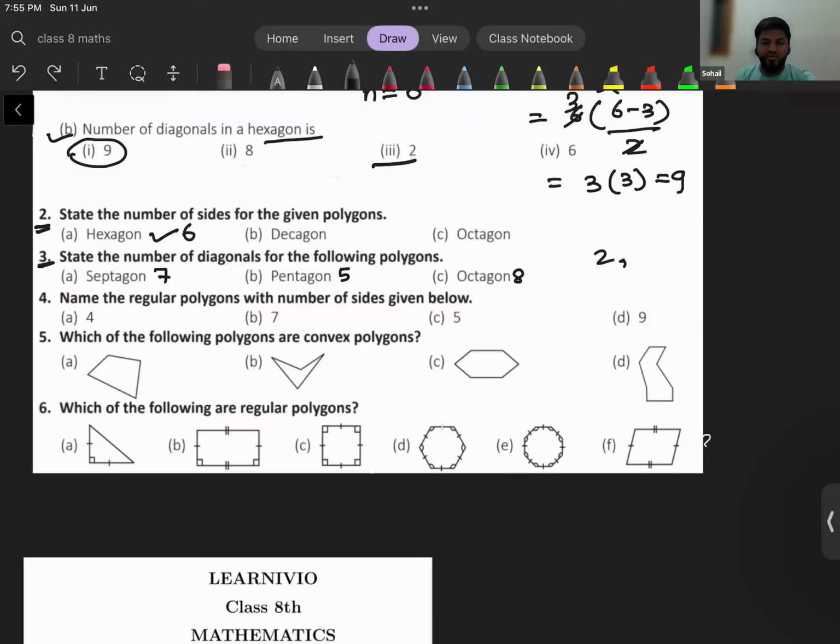Yes, you're supposed to answer in the chat box. Because then I get to know whose calculation is fast, who is able to quickly solve the questions. It's all part of the learning.